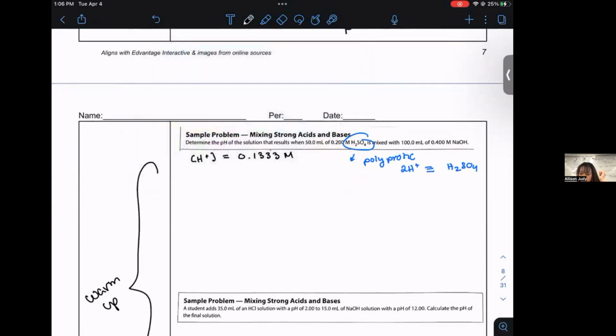So next thing, you got OH minus. 0.4 times the diluted measurement, you should have gotten 0.2667 molarity. Okay.